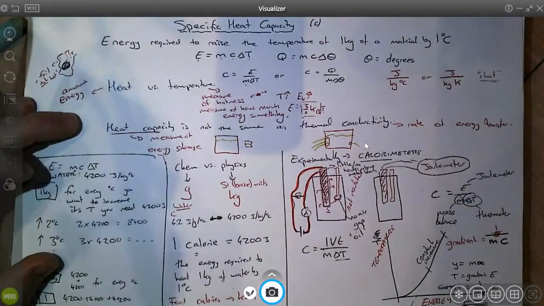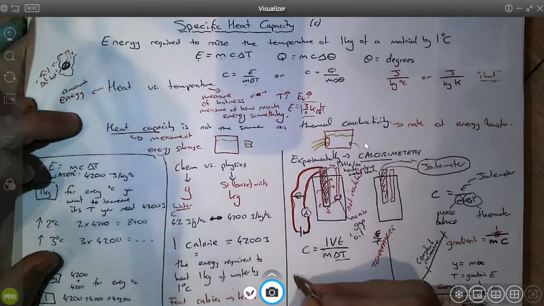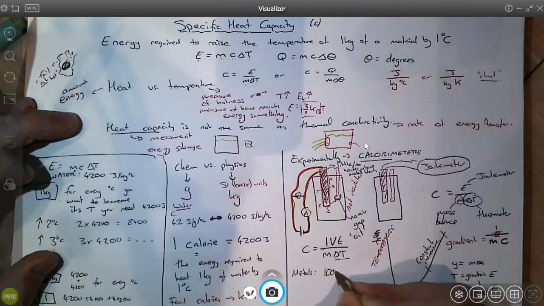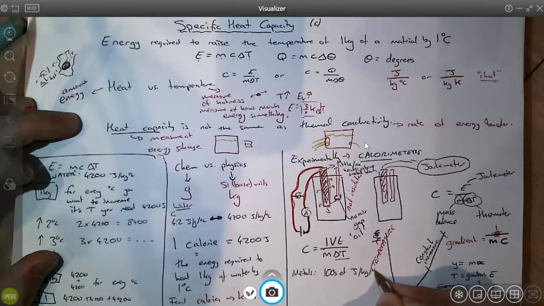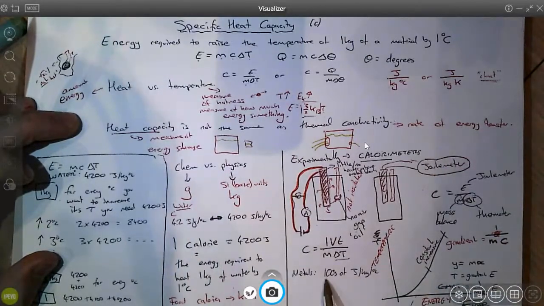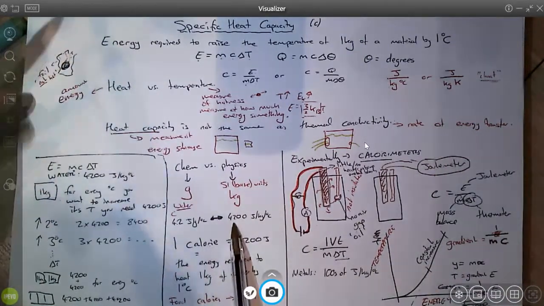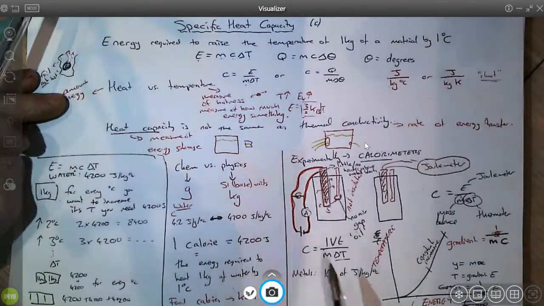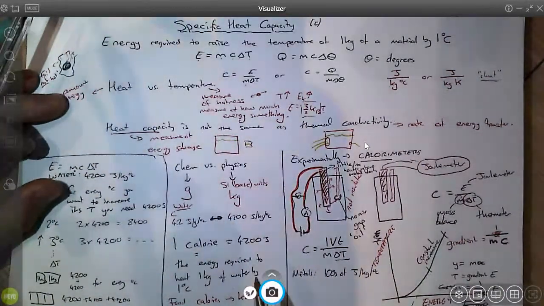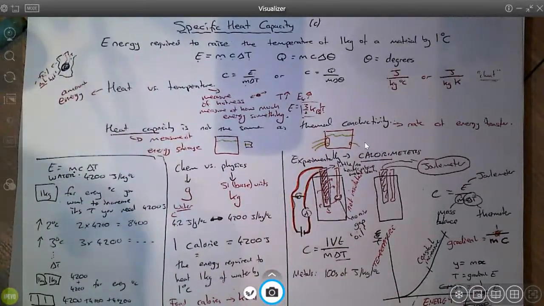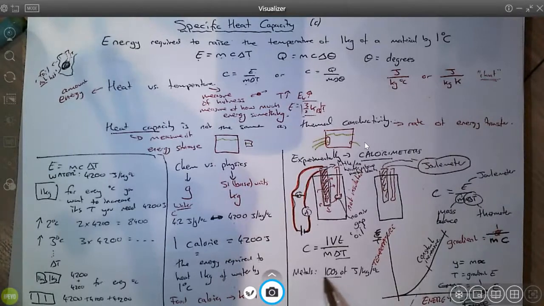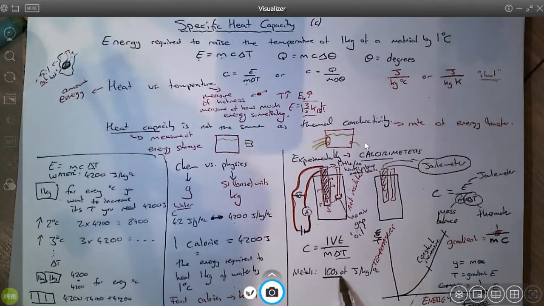When you do this, you get a reasonable value. You should find that metals have a value of hundreds of joules per kilogram per degree Celsius, which is significantly less than water, which is 4,200. So this is a nice discussion, and it links into wider science. The metals obviously heat up and cool down really easily.